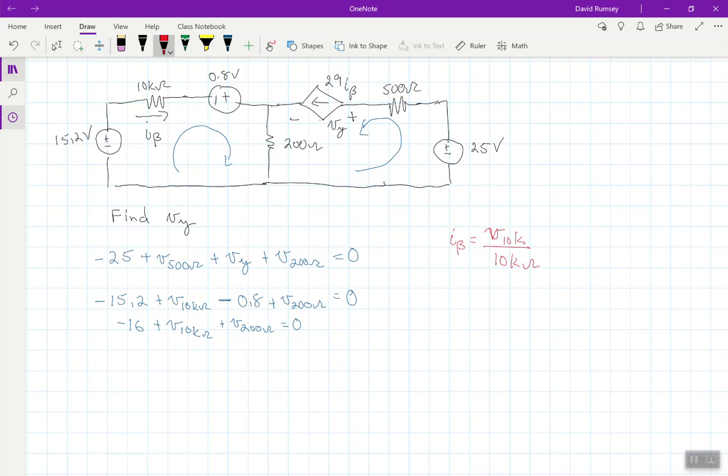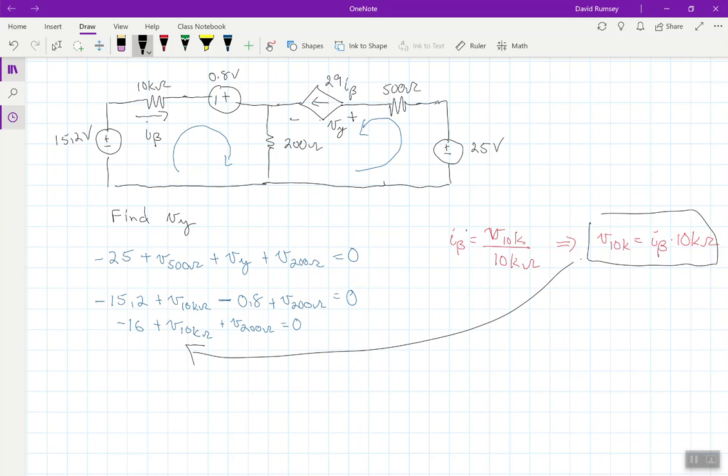Well, we can quickly see from this equation here, if I rearrange, I could rewrite this with Ohm's law as V10k is equal to I beta times 10 kilo ohms. Now, we said, if I find I beta, I can get a lot of useful information for myself here, which is true. So I could look at this right here and substitute it back into this equation.